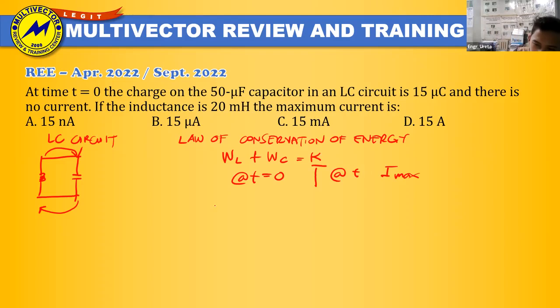Okay? So kaya ibig sabihin niyan, sir, the sum under the first condition, WL1 plus WC2, yung energy stored ng dalawa, should always be constant or equal sa any sum at any time t.